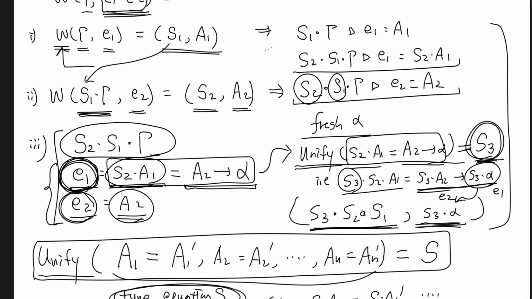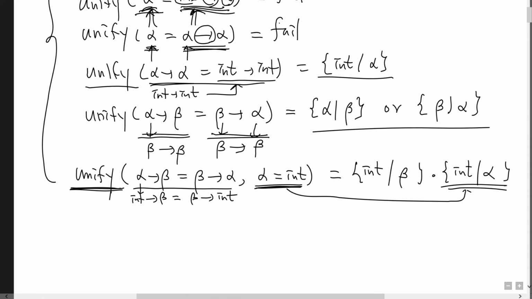Now the remaining problem is, how do we define this unification algorithm? And it turns out that the unification algorithm itself is quite straightforward. So unify takes as an argument type equations, and it returns type substitutions.